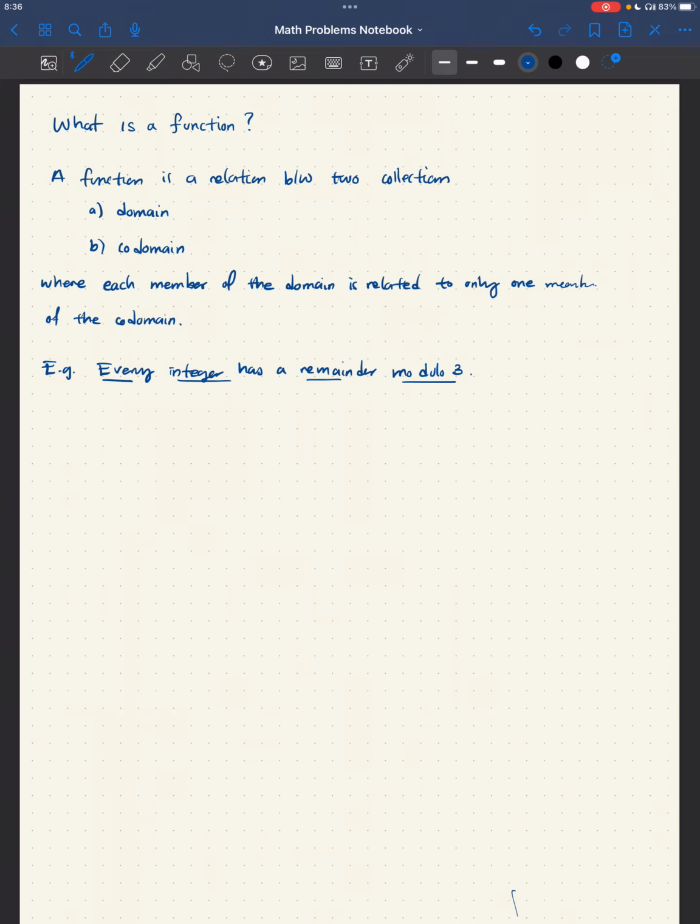Let me exemplify. Let me put it in all its details, right? The first thing is I'm going to state the domain, the collection of integers. Secondly, I'm going to state the codomain, the collection of remainders modulo 3.